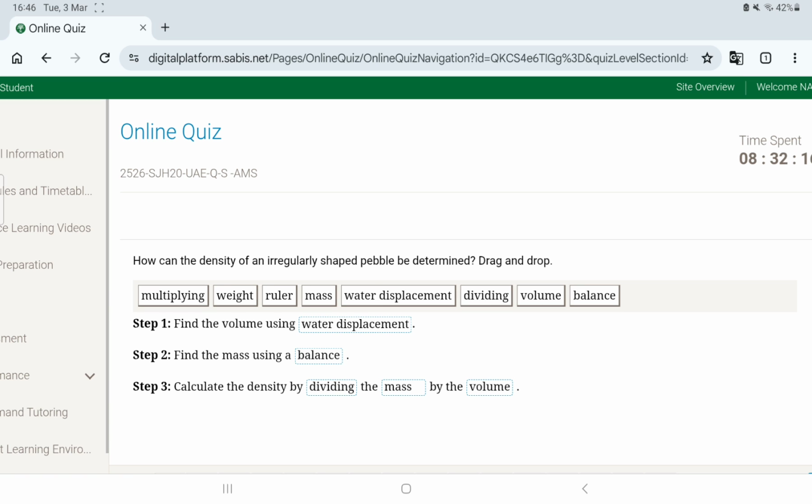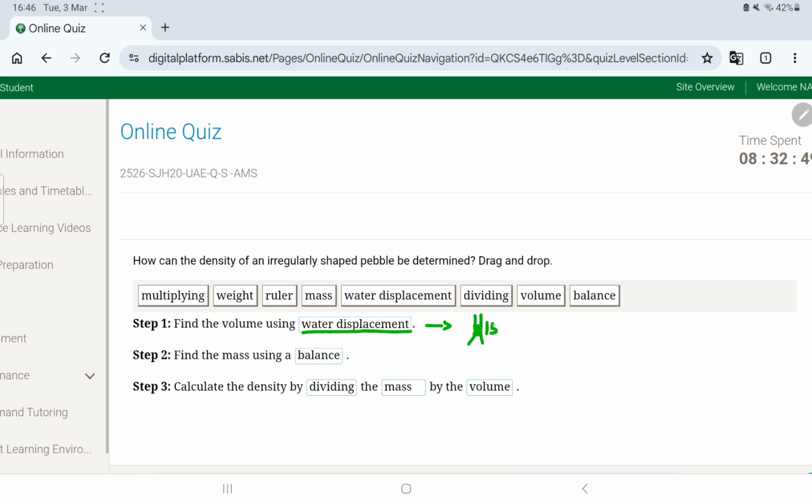How can the density of an irregularly shaped pebble be determined? Step 1, find the volume using water displacement. Now what is water displacement? Let's say you have a graduated cylinder filled with 15 milliliters of water initially.